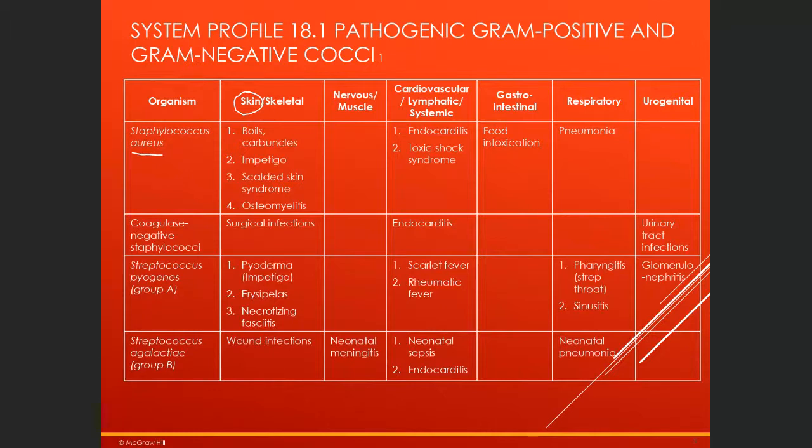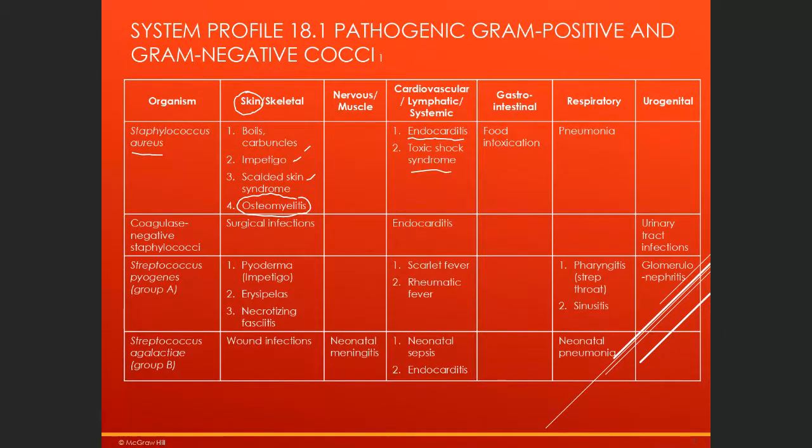Several skin infections like carbuncle, impetigo, scalded skin syndrome, and they can also enter the system and cause disease in the bone. It's called osteomyelitis. It can also cause systemic disease in the heart, endocarditis, and also TSS, toxic shock syndrome.